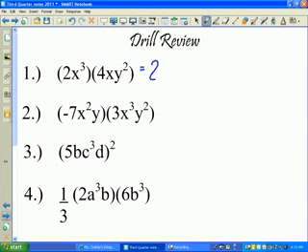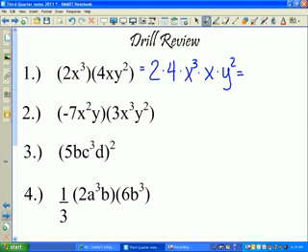We can do one of two things. We can break it up, meaning I can take those coefficients, that 2 multiplied by that 4, and then I can group my x's, which will give me x cubed times x, and then group my y's, which is just simply the y squared. So all I'm doing is grouping my coefficients, then my x's, then my y's, and now I can go right into multiplication.